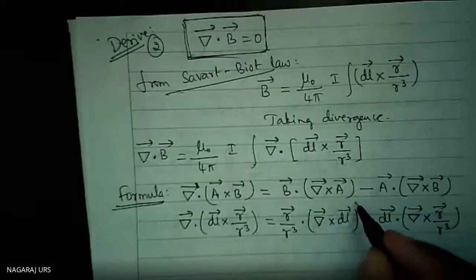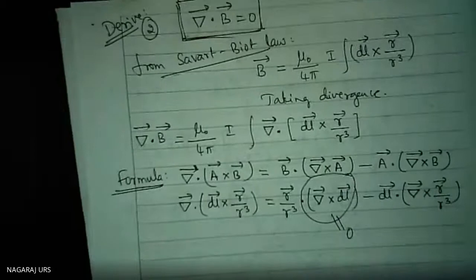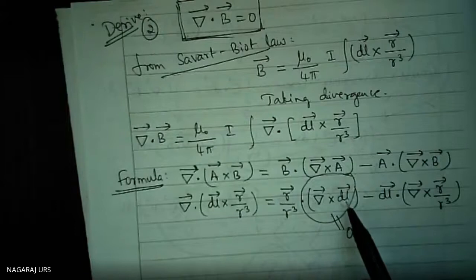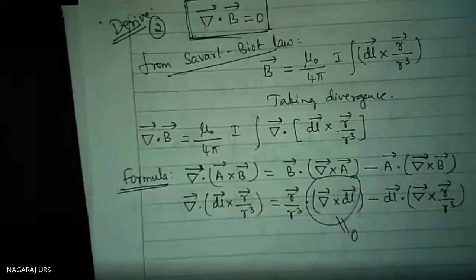Therefore, this value, whatever we have written here now, is equal to 0. Del cross dl is equal to 0, because dl is a current element which is not a function of coordinates at a particular point. Therefore, del cross dl is equal to 0.